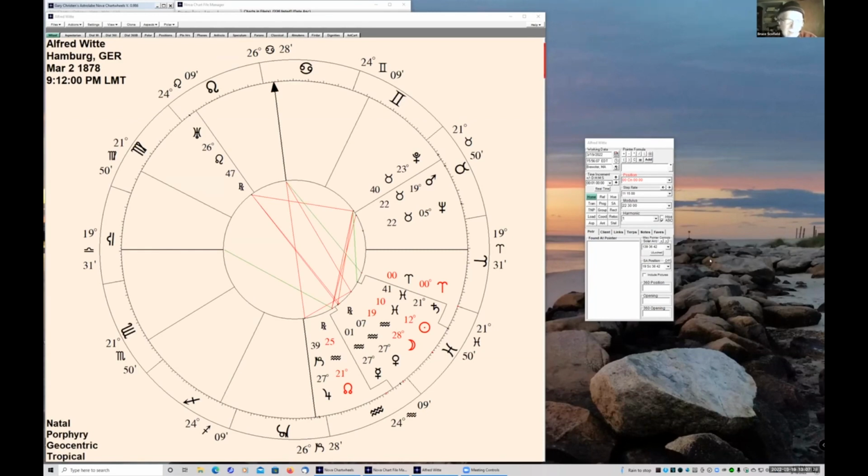Then you have the aspects between the planets, which are based on the division of the circle by numbers, usually lower numbers. But there's a fifth part of the basic astrology toolkit, and that's symmetry.